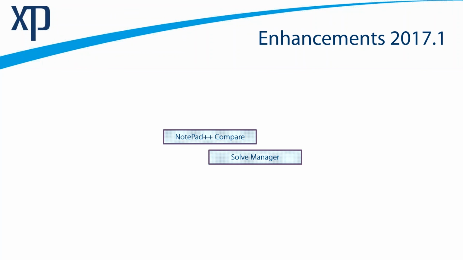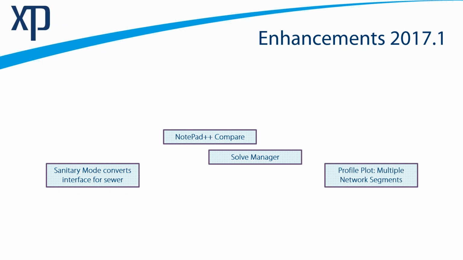I showed you the Notepad++ with its compare plugin. I simplified the graphical user interface by clicking the Sanitary mode, which really is probably somewhat misnamed in that it could also say 1D mode, stormwater. The profile plot with its multiple segments.